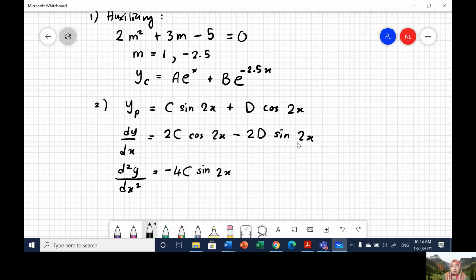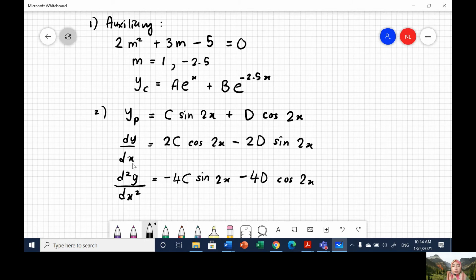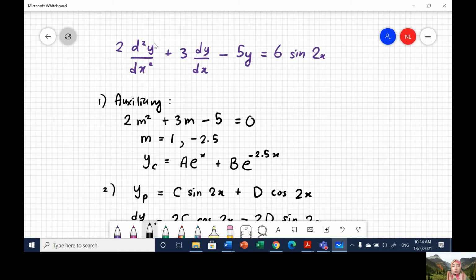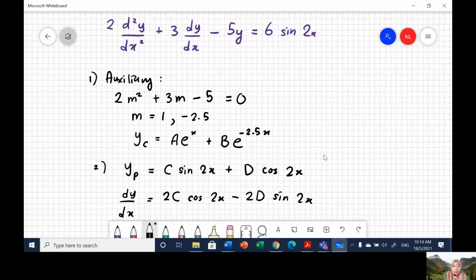The derivative of sine gives cos, so we have negative 4d cos 2x. And we are supposed to substitute our first and second derivatives into the original equation. The second derivative we substitute here, the first derivative we substitute here. This y means your yp.